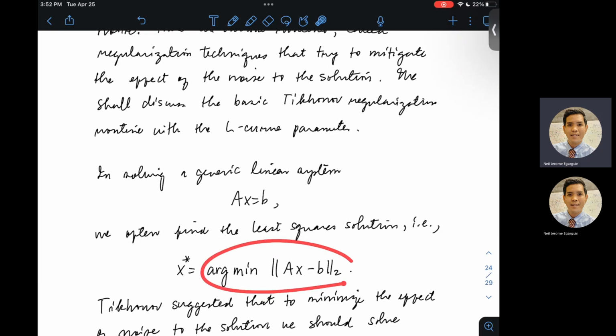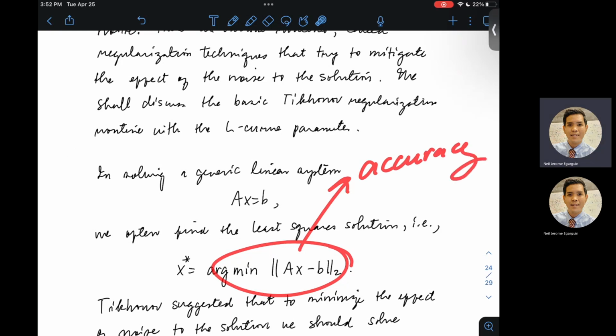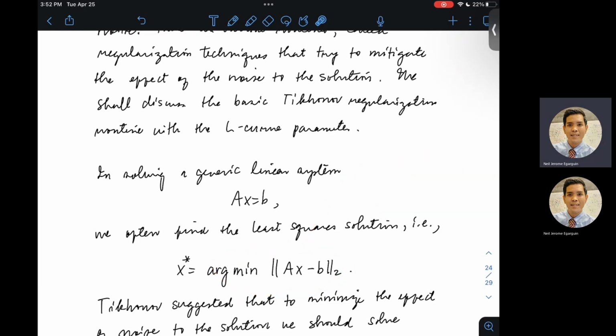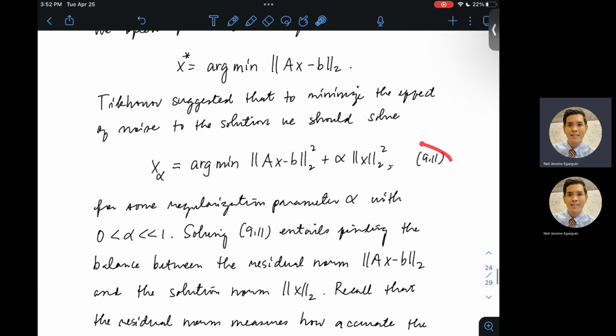So instead of minimizing just the residual, where you are concerned with the accuracy of your solution because you want the error to be very small, we look at minimizing this guy. So our solution will be the vector x alpha, which minimizes the sum of two things. First, we are minimizing the error.